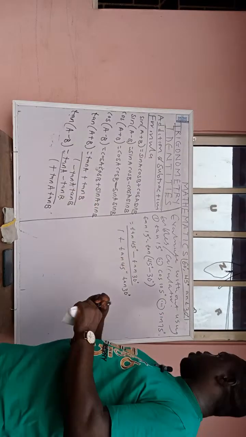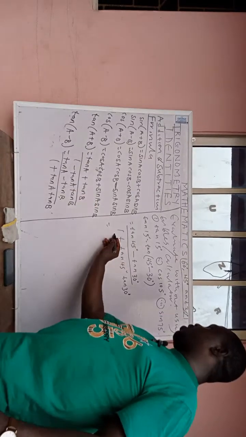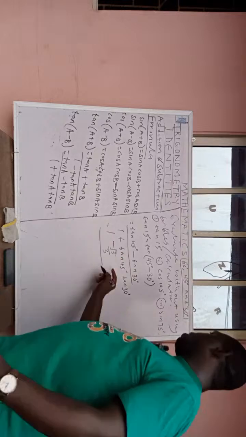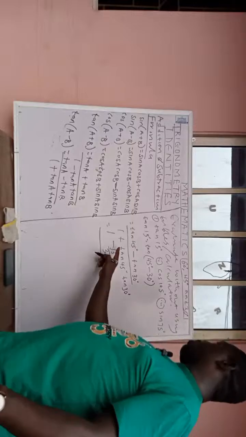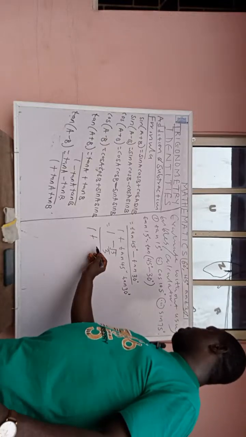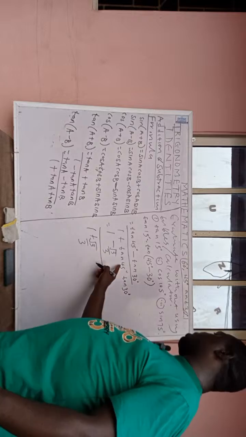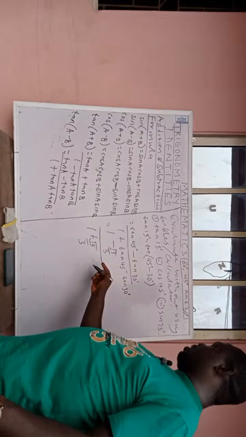So let's go now. What did I say is tan 45? 1. What's tan 30? What did I say about it? Root 3 over 3. So you have 1 minus root 3 over 3, and this is also 1. 1 times this will still give you root 3 over 3. Actually, tan 45 is 1. 1 multiplied by that gives you the same thing.